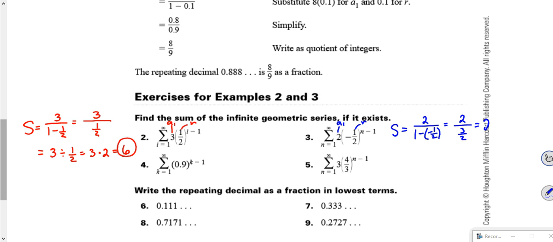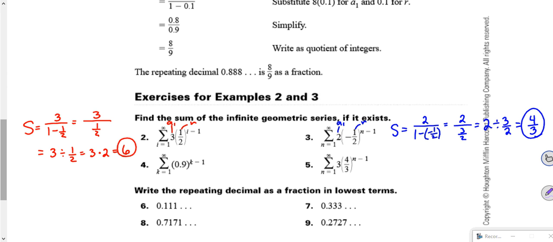Well, 2 divided by 3/2 is 2 times 2/3. So that is going to give me 4/3. Do not round these answers. Leave them in fraction form. Most of these will be pretty simple looking fractions. I don't think you'll have any that are too terribly ugly. But 2 divided by 3/2, remember, is 2 times 2/3, so that's 4/3.